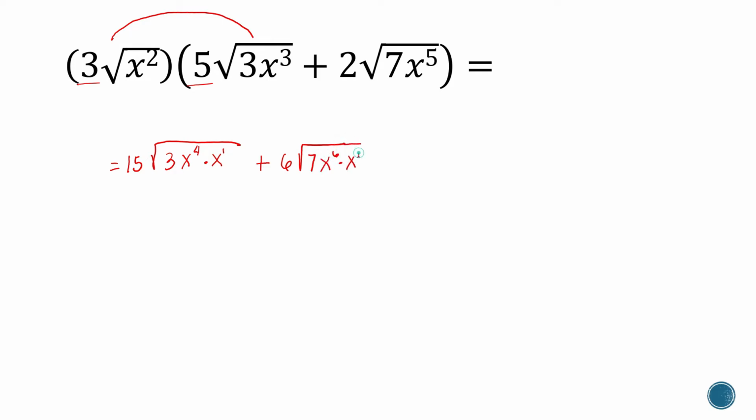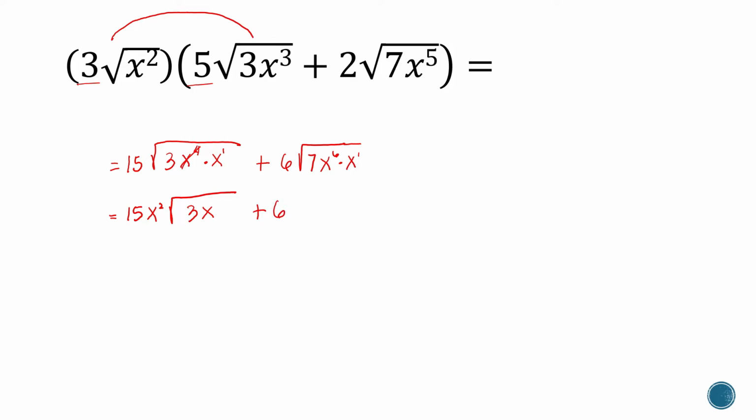There's a 1 there, although there's no need for us to write that 1. Square root of 3 is going to be decimal, so we leave it there. x raised to 4 is x squared. So this is 15x squared square root of 3x plus square root of 7, which is going to be decimal.